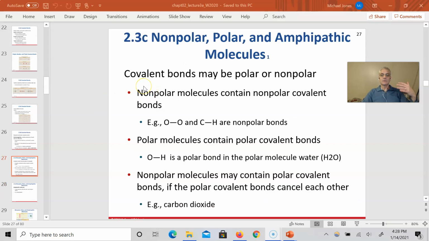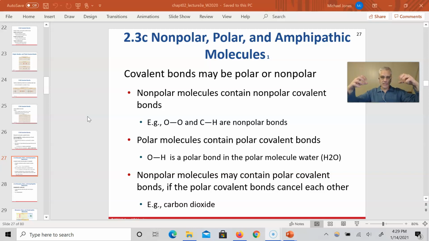To summarize, covalent bonds can be polar or nonpolar. Nonpolar molecules contain nonpolar covalent bonds. Oxygen and oxygen are the same size. They're pulling on the electrons they're sharing with the same degree of force.